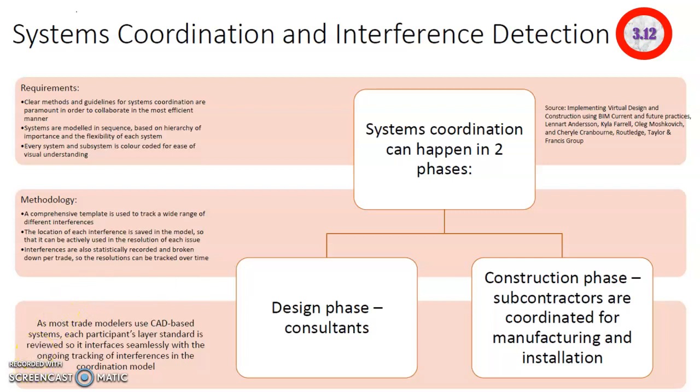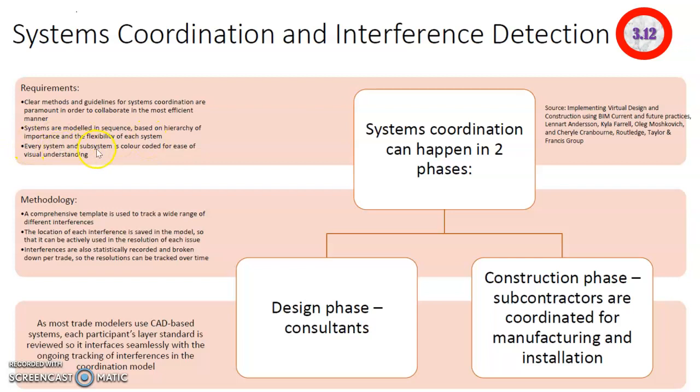In order for there to be a successful system coordination and interference detection, these are the following requirements. There must be clear methods and guidelines for system coordination in order to collaborate in the most effective manner. Normally, the different systems are modeled in a certain sequence, and the sequence is based on the importance of the different services and the flexibility of each service.